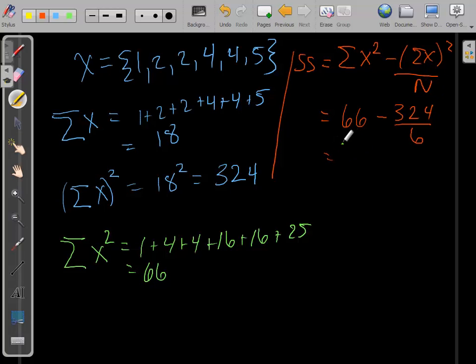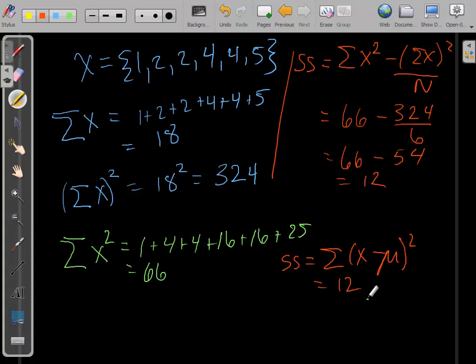Right? Again, there's 6 scores, so that's 66 minus 54, which is 12. Alright, that is exactly the same as what we got earlier when we looked at the sum of squares in this form. We also had 12, so it's good to verify that it's the same.